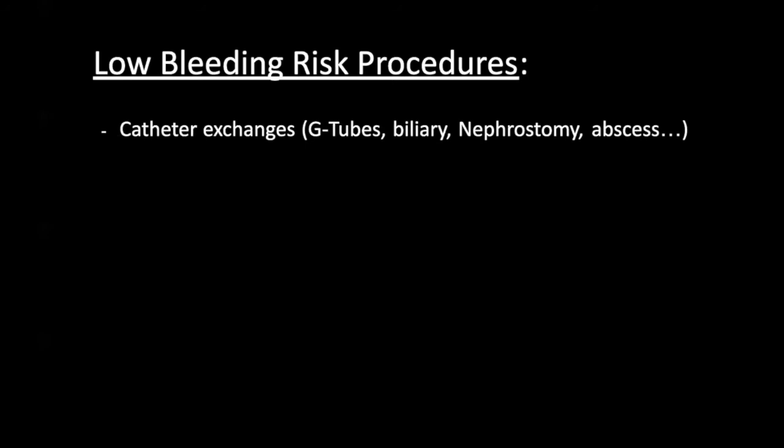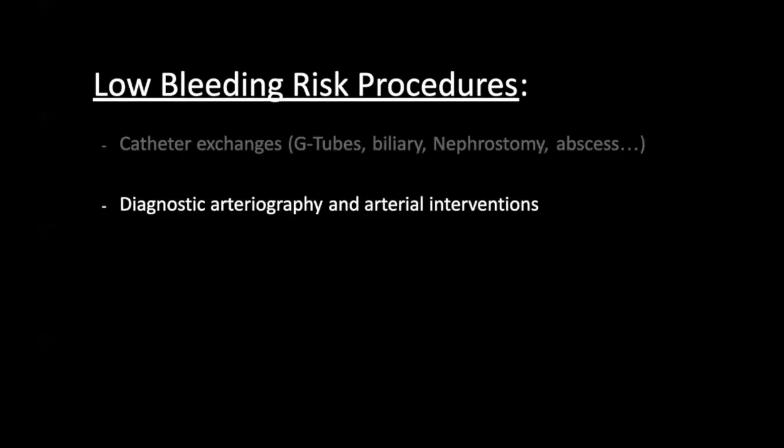So there is a long list of procedures that are regarded as low risk procedures. Procedures like catheter exchanges, which means G-tubes, biliary tubes, nephrostomies, abscesses. All of these are regarded as low-risk procedures. Diagnostic arteriographies and arterial interventions. And here for arterial interventions, I would note that these are patients where you expect to use a sheath that is not more than 6 French.